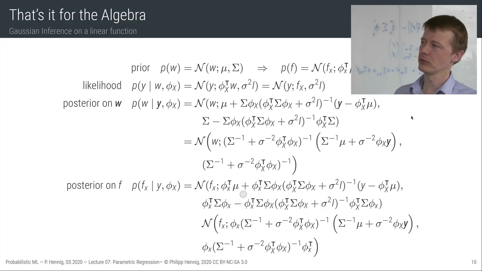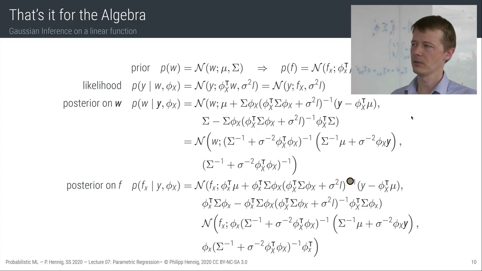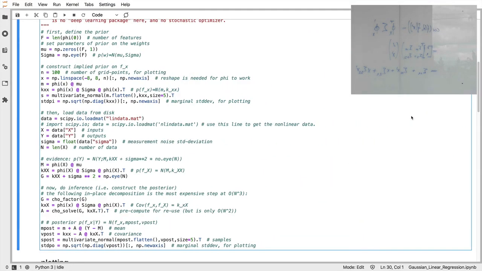And what we're now going to do is actually to produce posterior predictions on the functions rather than the weights. We're going to take the data, subtract the prior mean on the data that we just computed, solve this linear problem, and apply from the left-hand side this k little x capital X, and maybe also add the mean. In this case, we don't have to do that because the prior mean was 0, so this part is just 0.